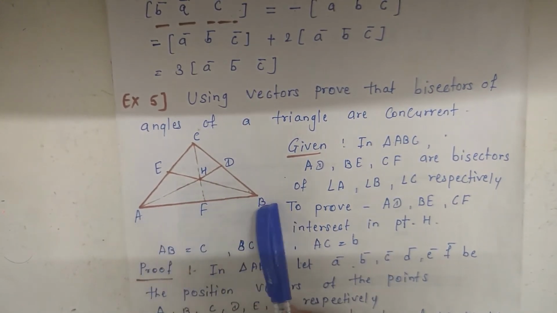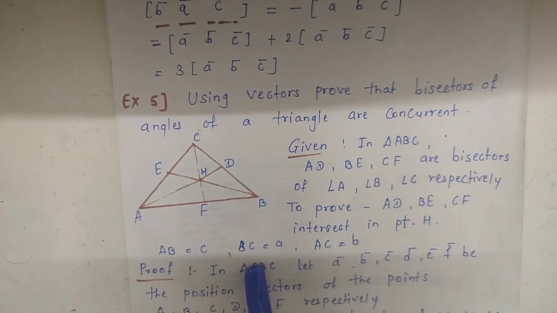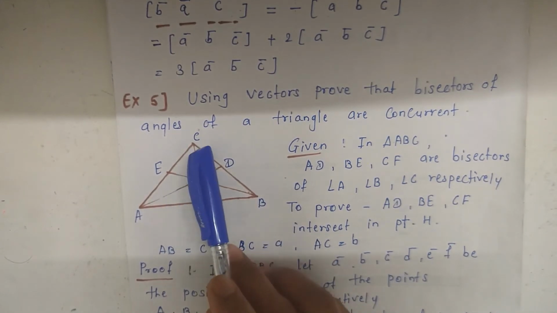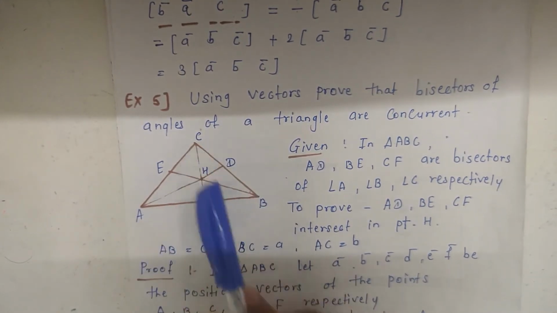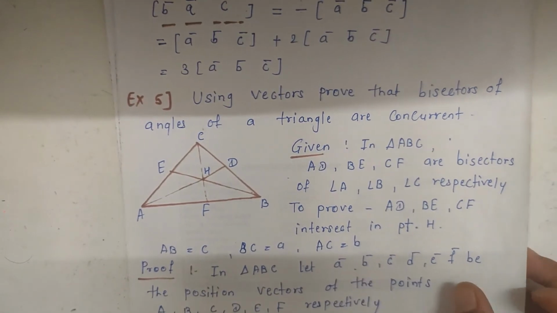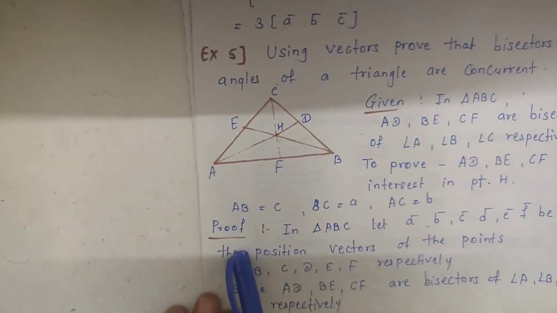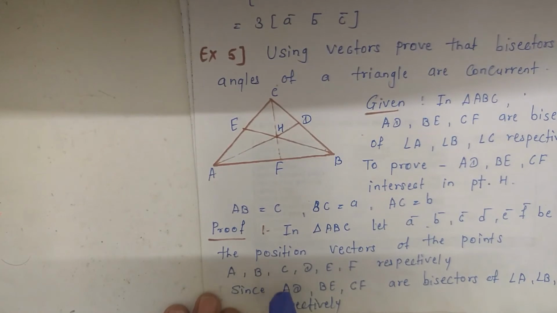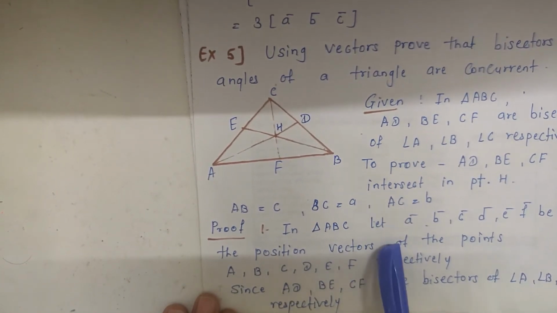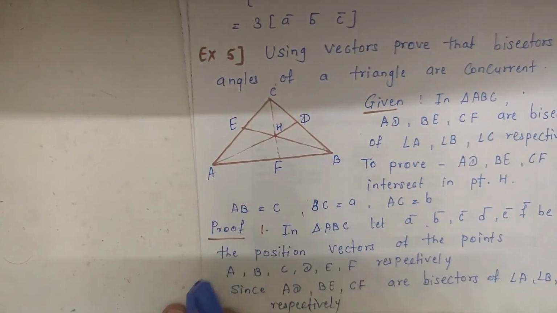Here the length of AB is equal to c, the magnitude of BC is equal to a, and AC is equal to b. Now in the proof, in triangle ABC, we have to consider the position vector of every point in the triangle.